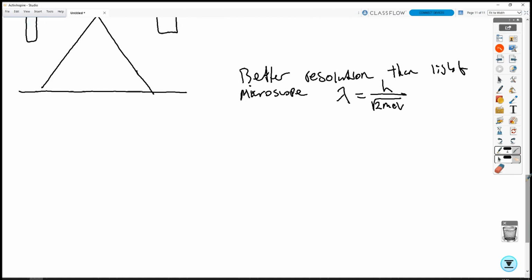Using a thicker sample might slow some electrons down, however. If you have a thicker sample, it will slow electrons down. That will make lambda increase and give you poorer resolution than using a thinner sample.